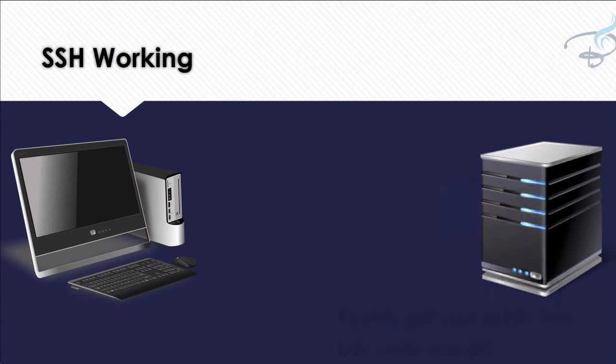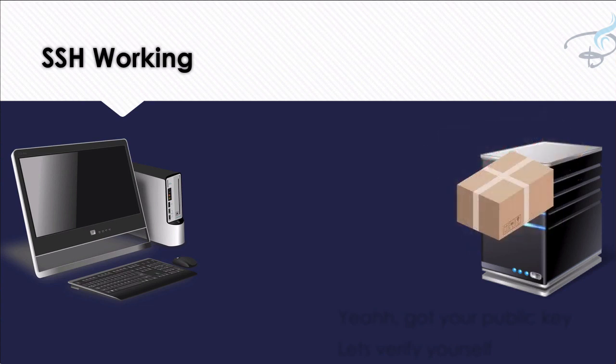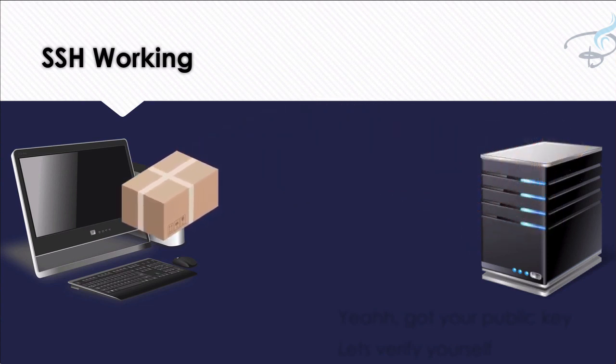The server creates a new key. It's a top secret, and now the server encrypts that key with your public key. Remember, you have given the public key, and with that public key the server encrypts the top secret key and then passes it over to you again.